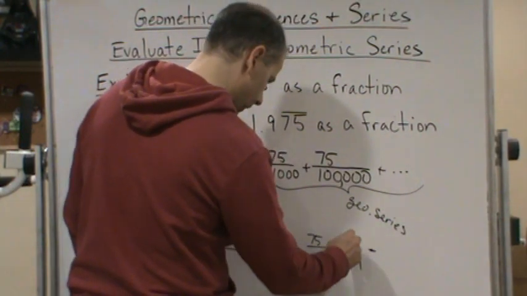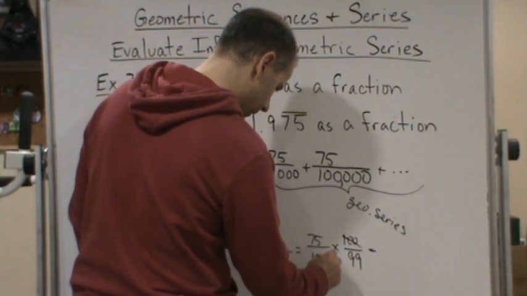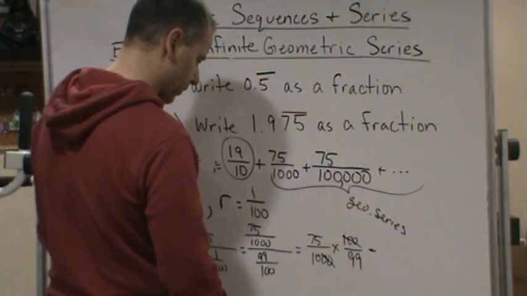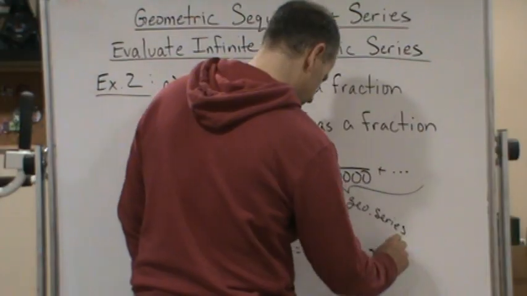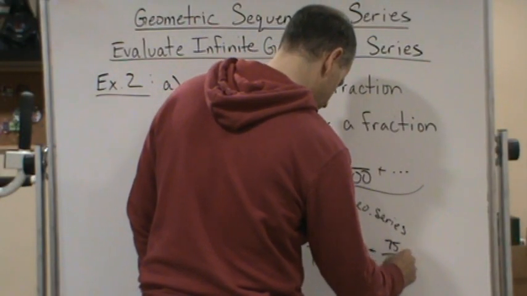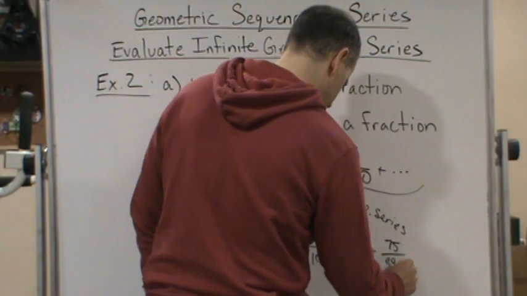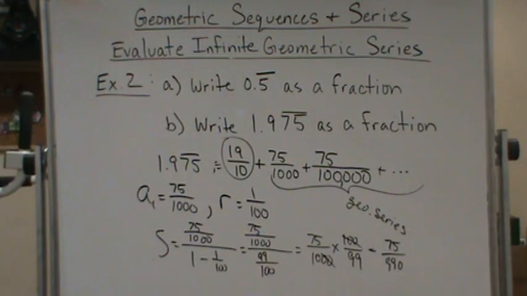And so 100 will cancel with these two zeros, right? 100 goes into 1,000 10 times. And so we end up with 75 over 990, and that reduces to 5 over 66.